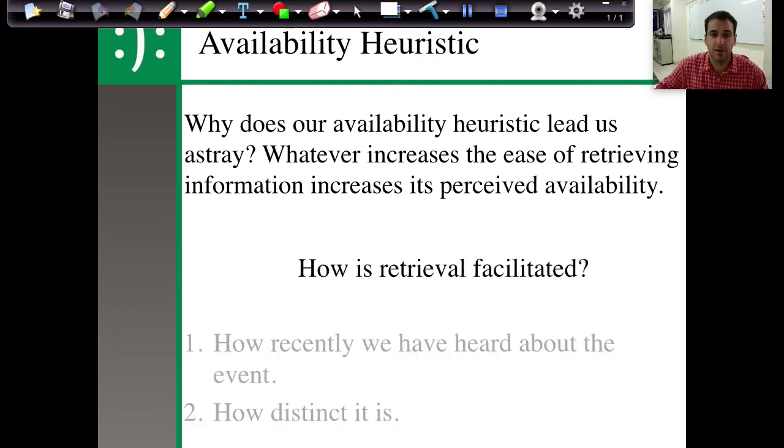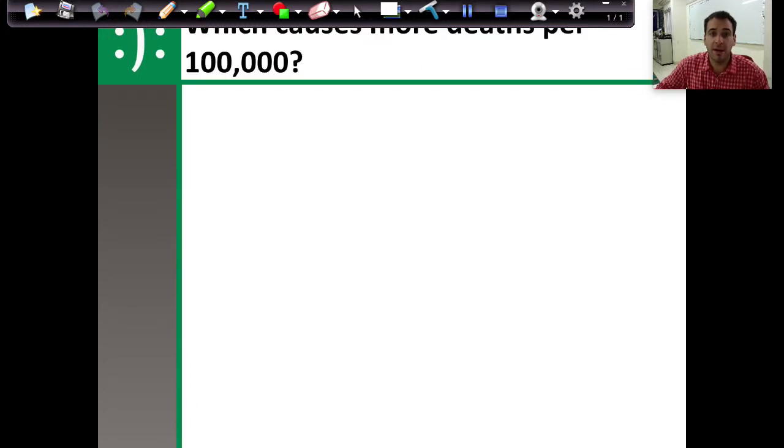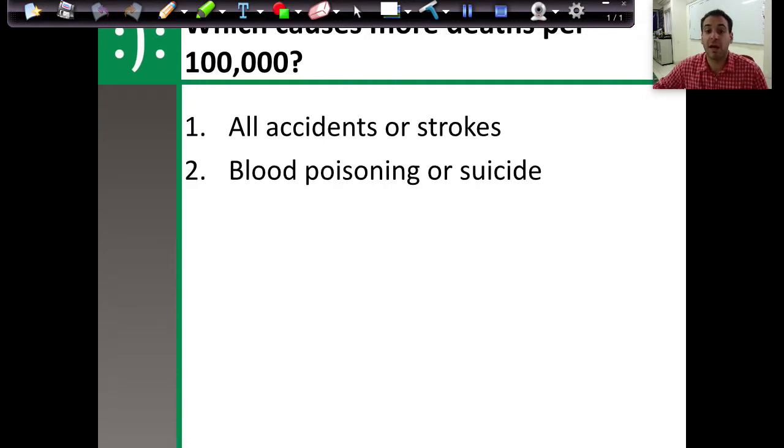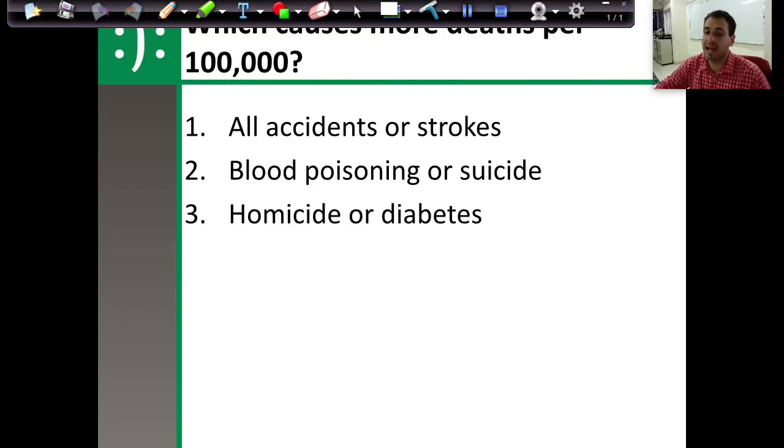Hold on here. Okay, so cases of death per 1,000 people, so how many people die per 1,000 in these events? All accidents or strokes. How common are accidents or strokes in the death of people? Blood poisonings or suicides per 1,000 people. How often do these occur? Homicide or diabetes.